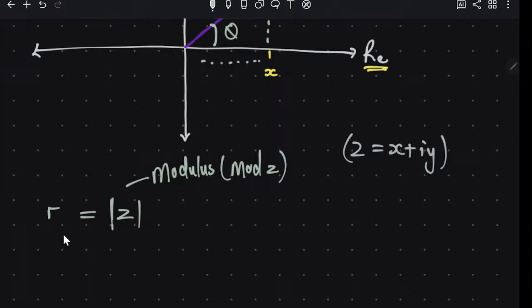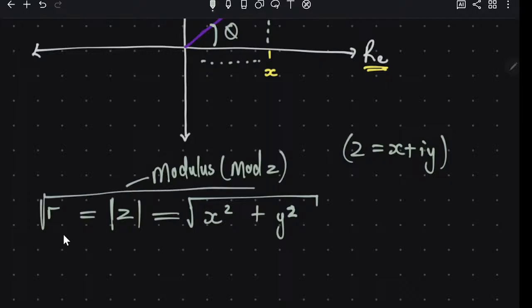Now, the modulus, this r which we now want, will be found by doing the square root of x squared plus y squared. This gives us the modulus, the length of z.